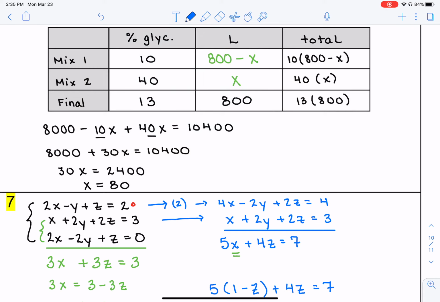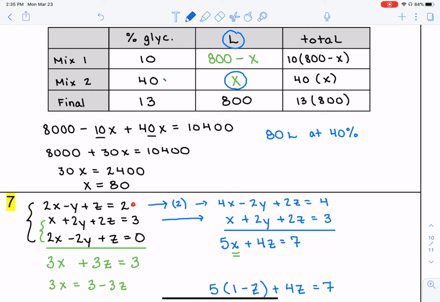So my x value, guys, up here, that is mix 2. So what I just found was mix 2, and how I write that in a solution is I'm going to say 80 liters. I know that again because it was liters that we are using. 80 liters at 40%.